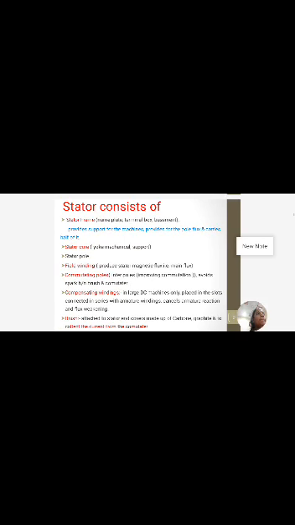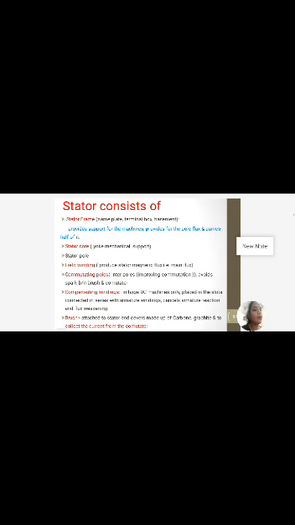Next one, commutator. For rectification purposes we use the commutator in case of DC generators, in order to convert the alternating EMF to the unidirectional EMF. And in case of motors, in order to produce unidirectional torque, we use the commutator.